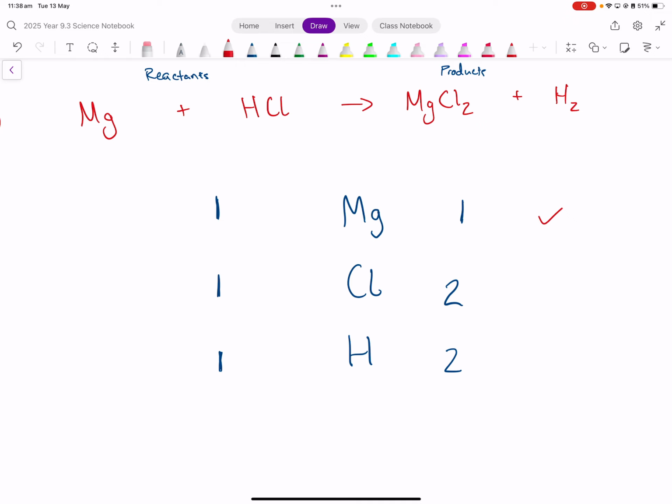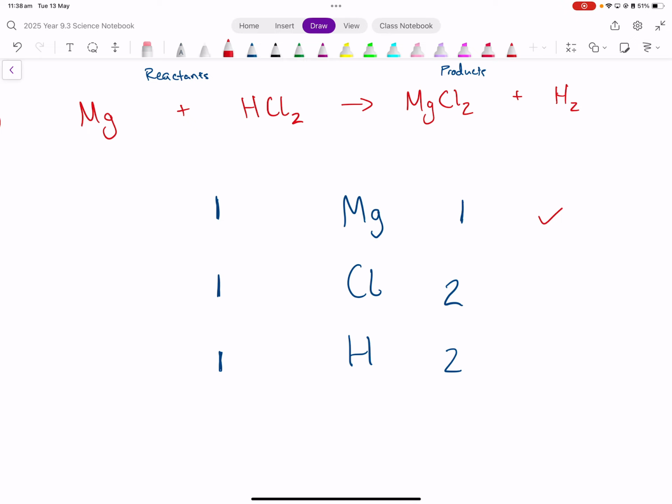I then have a look down at chlorine or chloride. Okay? And I can see that I've got 2 lots of it on the right and only 1 on the left. And this tells me that I need more chlorine over on the left. Now here's what I can't do. I can't magically put a 2 down the bottom, because this turns hydrochloric acid, or HCl, into H and 2 lots of Cl.